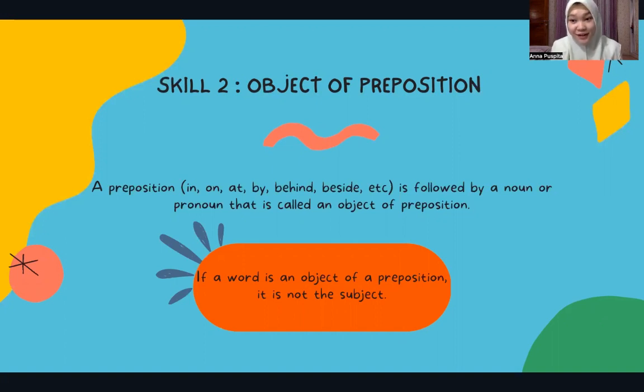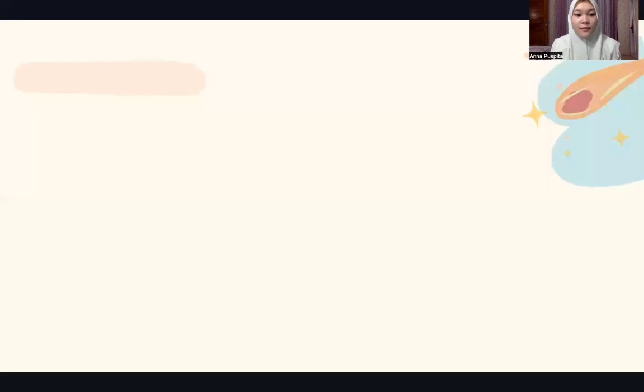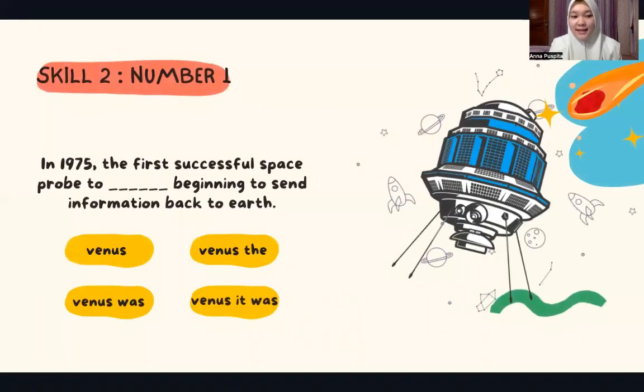subject. Straight to example. In 1975, the first successful space probe to blah blah blah beginning to send information back to Earth. We analyze the beginning as verb, right? So we only need the subject.